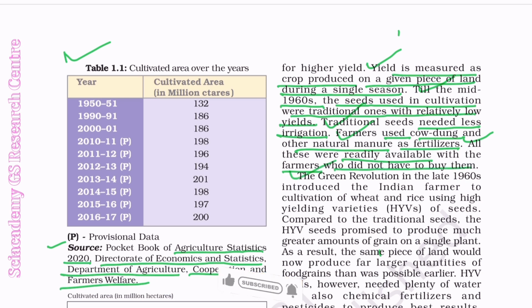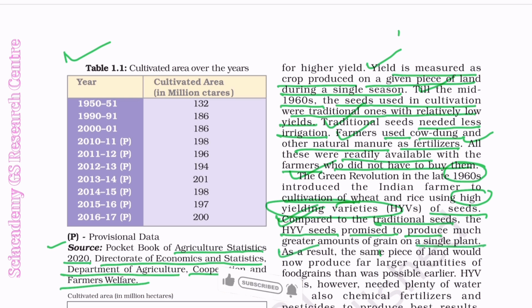The Green Revolution in the late 1960s introduced the Indian farmer to cultivation of wheat and rice using high yield varieties of seeds. Compared to the traditional seeds, the HYV seeds promised to produce much greater amounts of grain on a single plant.